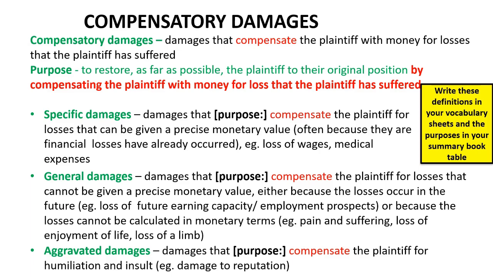Summarize what I've just said about the extent to which aggravated damages achieve the overarching purpose of civil remedies in the right-hand column of your summary book table. The reference to extent means that you have to explain how aggravated damages do achieve this overarching purpose of civil remedies, as well as the limitations on the ability of aggravated damages to achieve this overarching purpose.